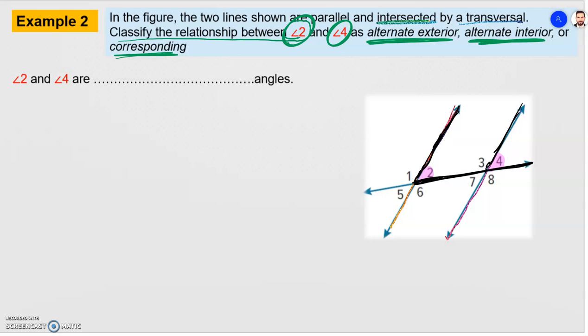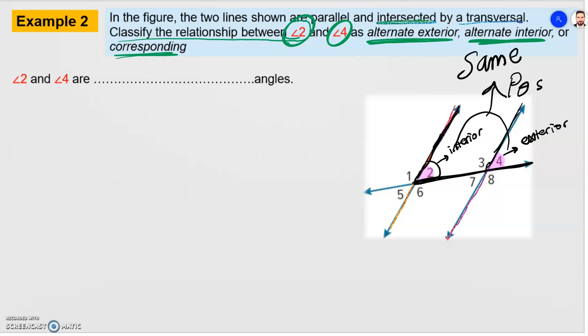Also I have another property here: one of the angles is interior and the other one is exterior. We said before, if one of them is interior and the other is exterior, and those two angles are on the same side, then those two angles are corresponding angles.